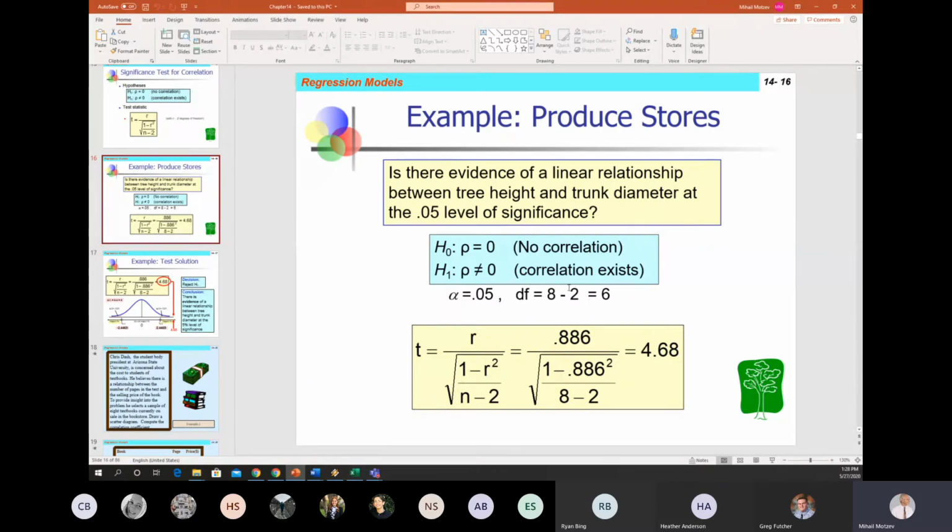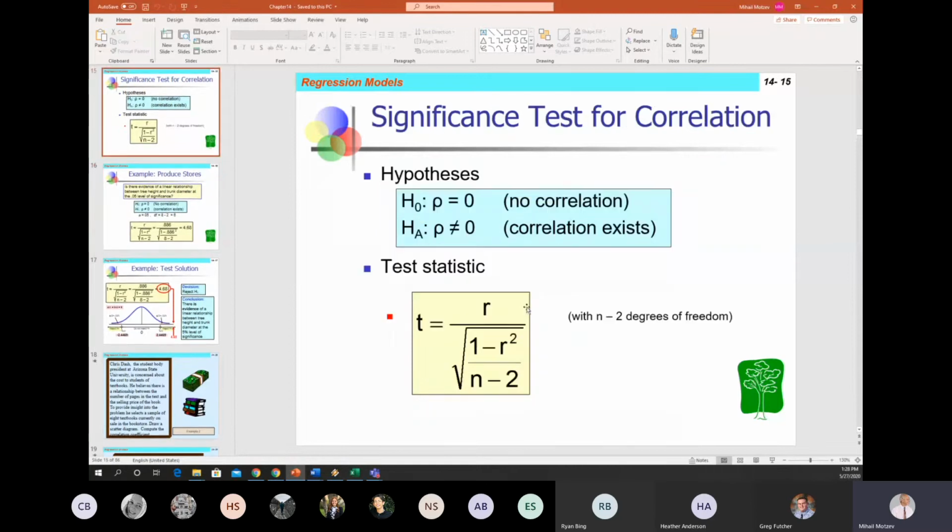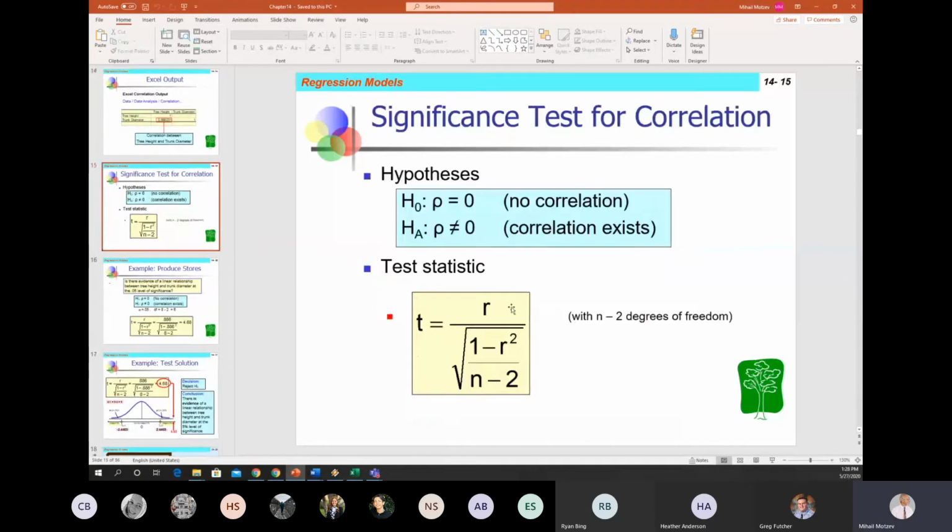One important note, as you know, the t value, the t statistic, is given and identified with the help of the so-called degrees of freedom. And we know from all the previous analysis that usually we use n-2 degrees of freedom.